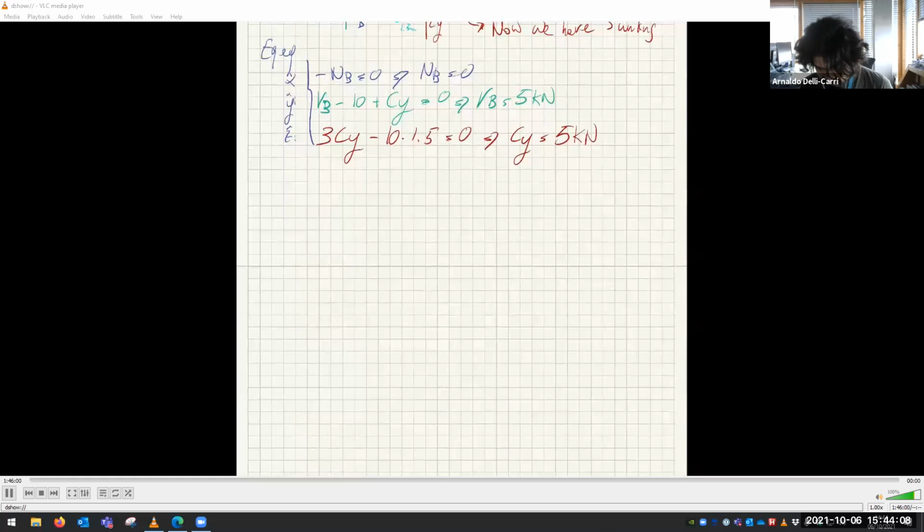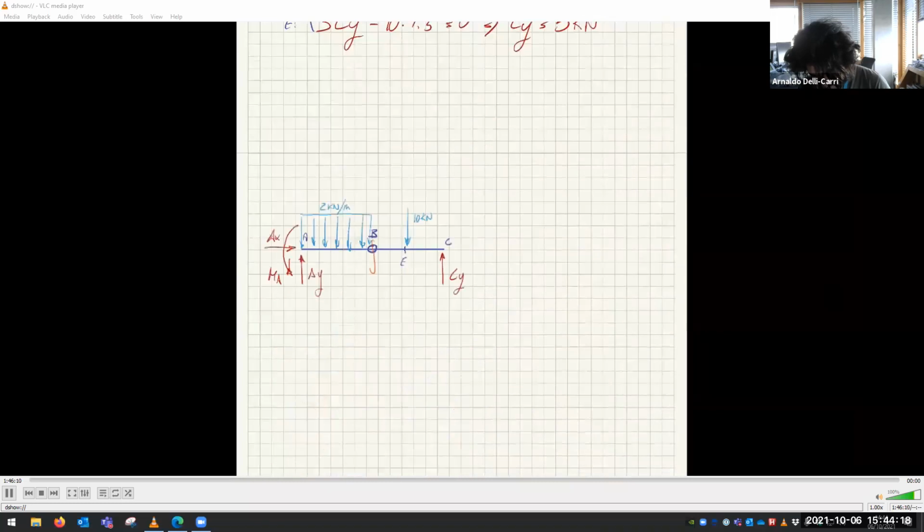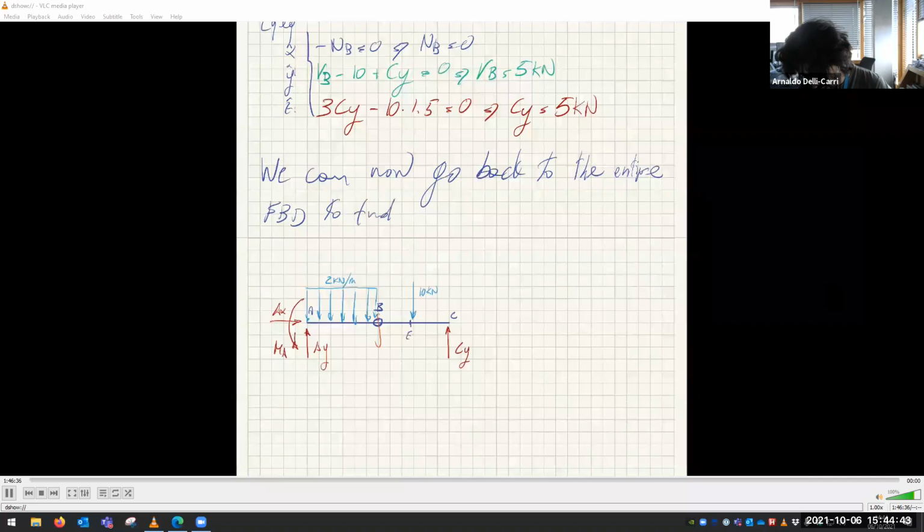Okay, so let's now go back to the original, to the entire free body diagram to find the other 3 unknown reactions.